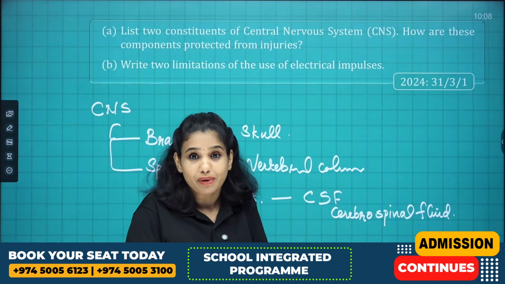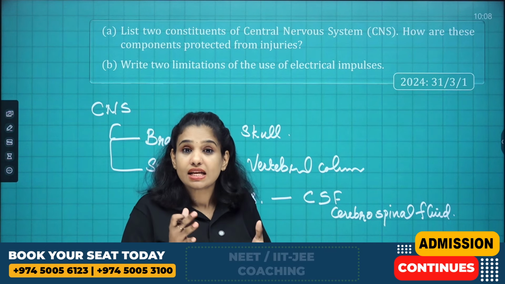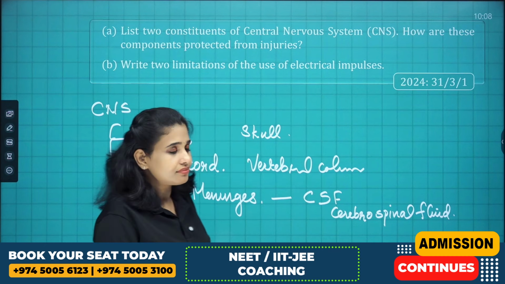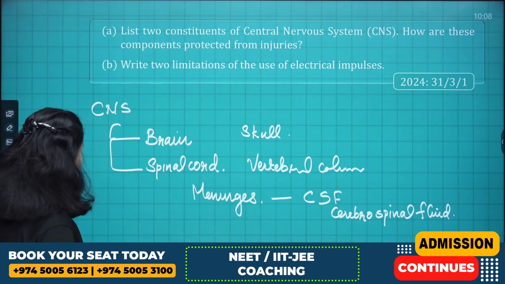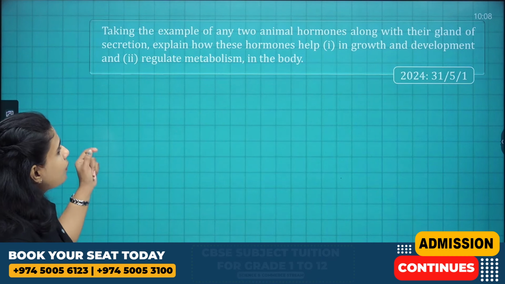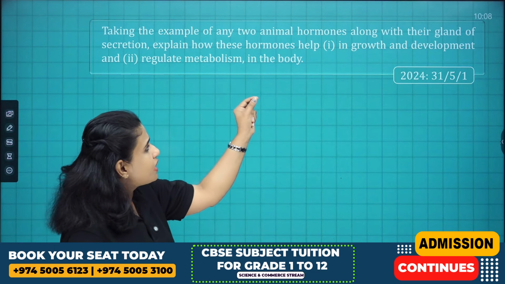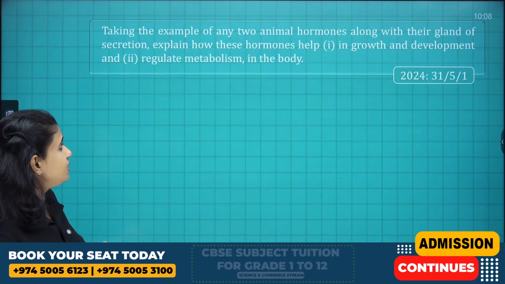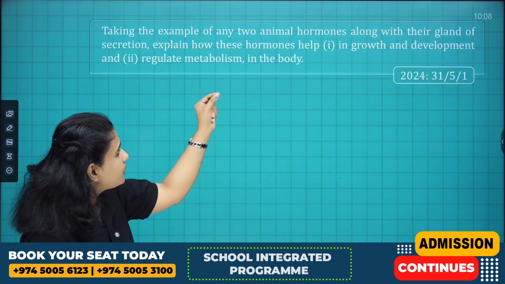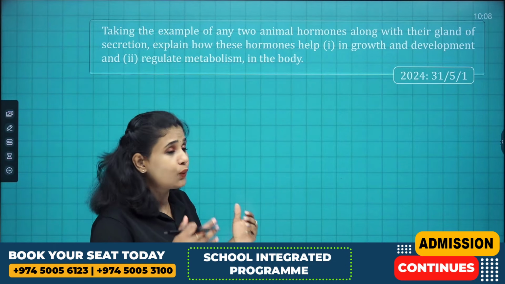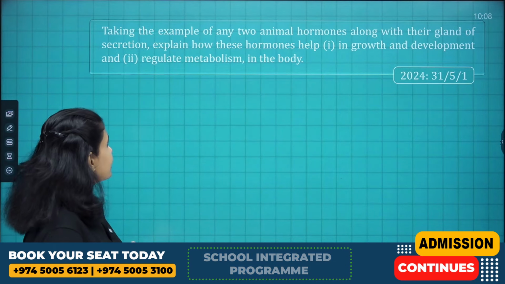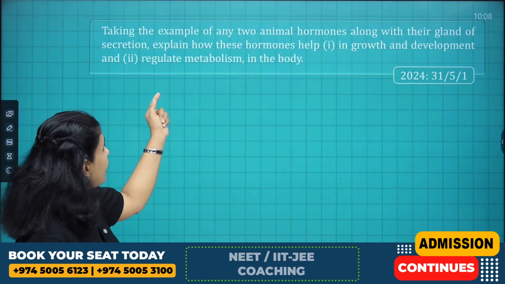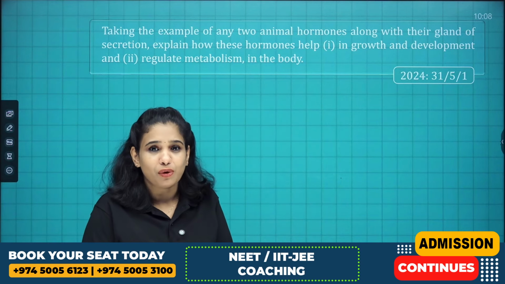These are the two parts of the central nervous system. Next question. Taking the example of any two animal hormones along with their gland of secretion, explain how these hormones help in growth and development and also regulate metabolism in the body.